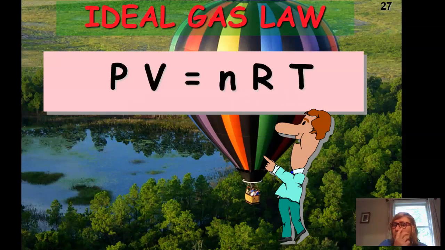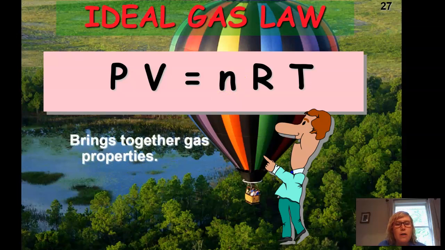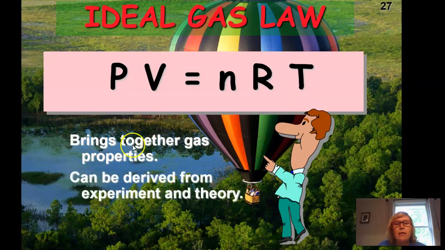So the ideal gas law equation is PV is equal to nRT. P is for pressure, V is for volume, n stands for moles, R is a constant, and T is temperature. So it brings together gas properties that can be derived from experiment and theory.